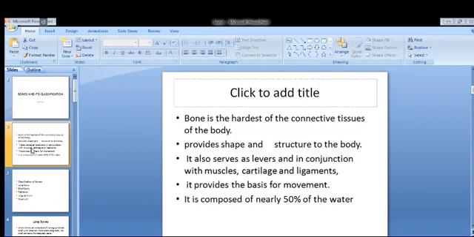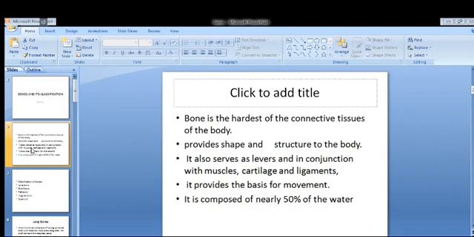And when movements are being performed, these bones function as levers, because the muscles, ligaments and cartilages are attached to the bones. When the muscles are to be moved, bones are actually moving or taking the muscles to the required area.